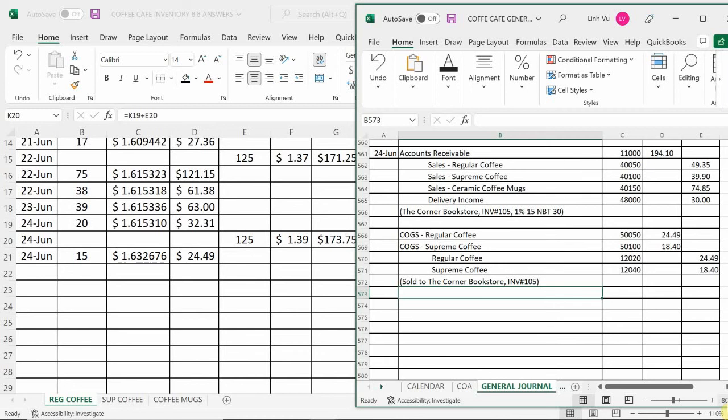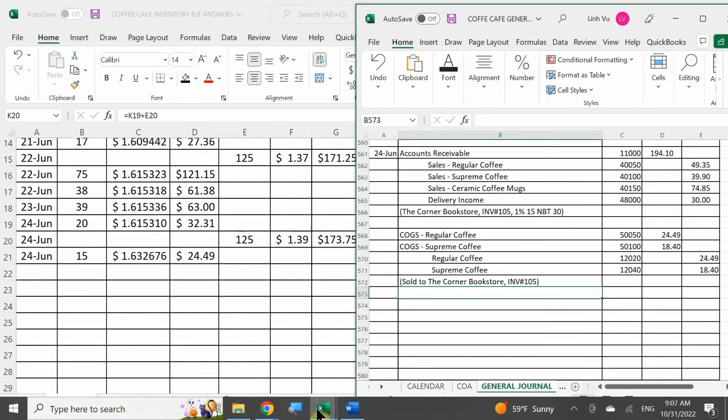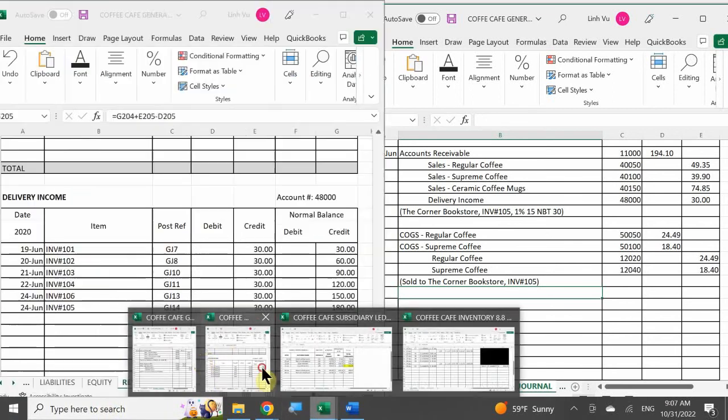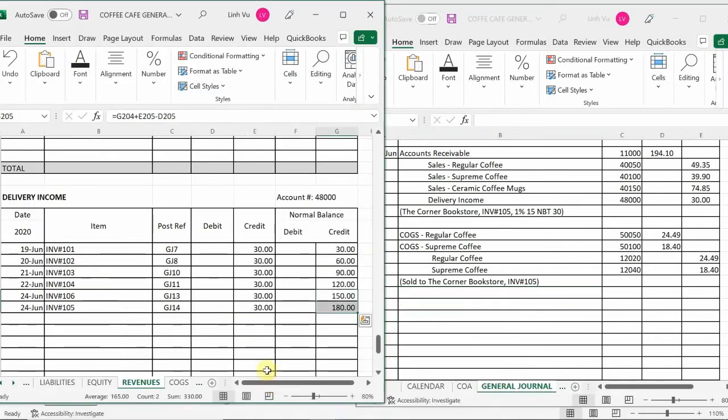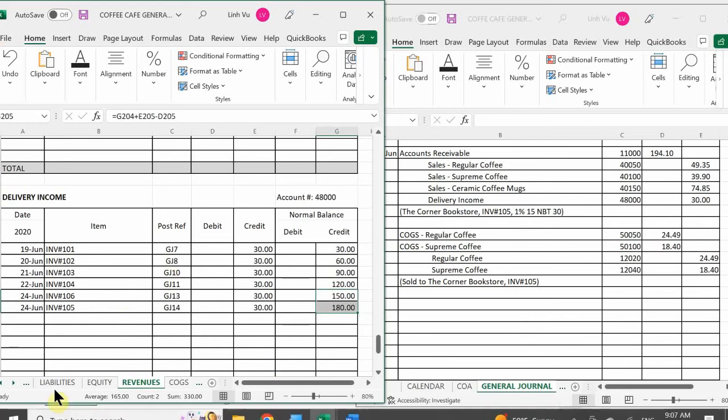What's that last worksheet? What always comes after the journal? Your ledger. Yes. You need to update the accounts to apply that you took out the inventory, right? You need to update those accounts.